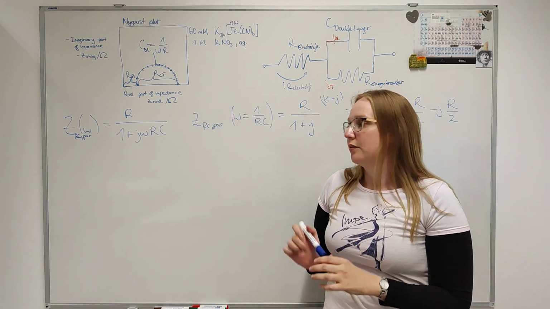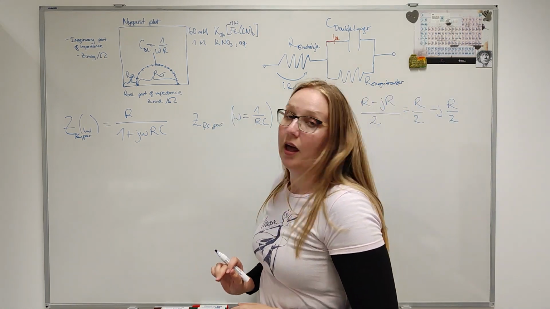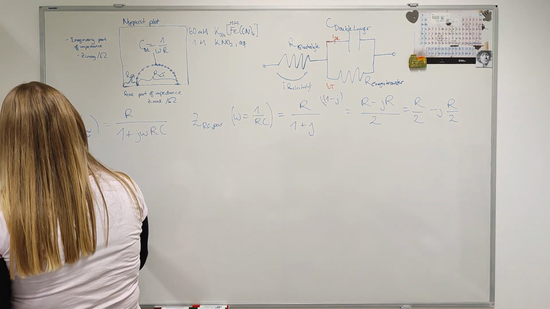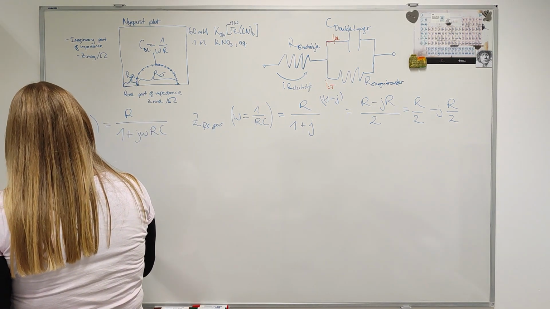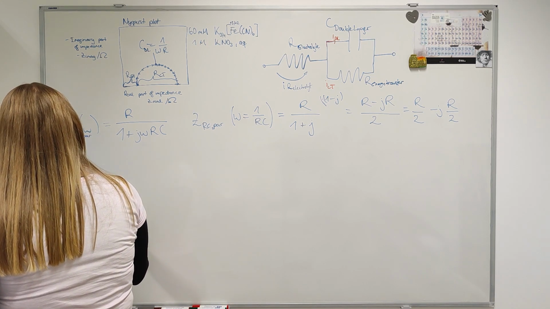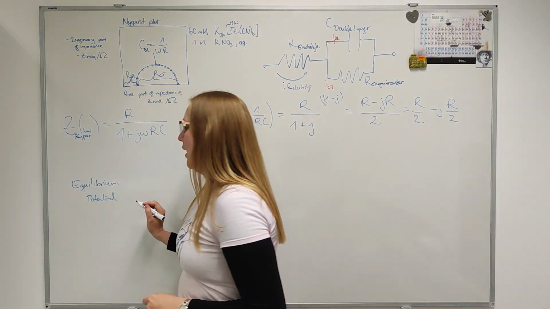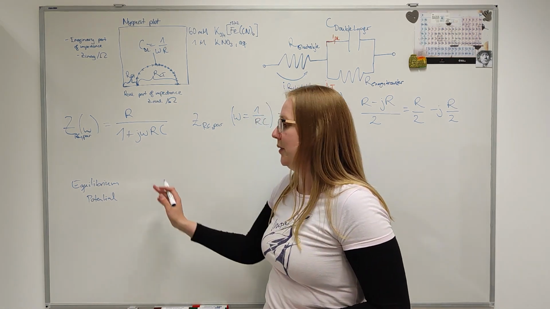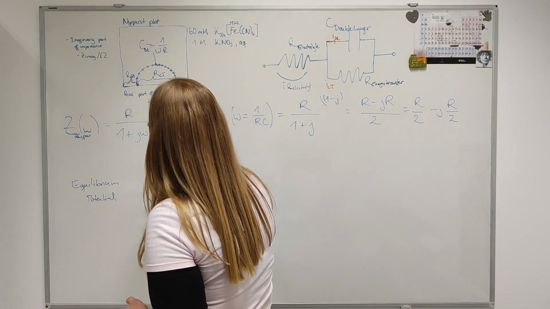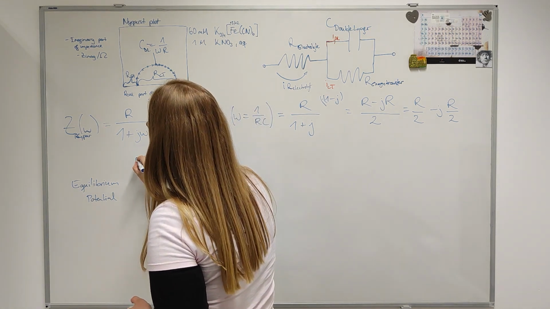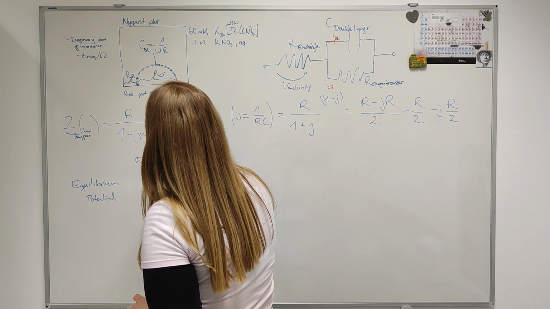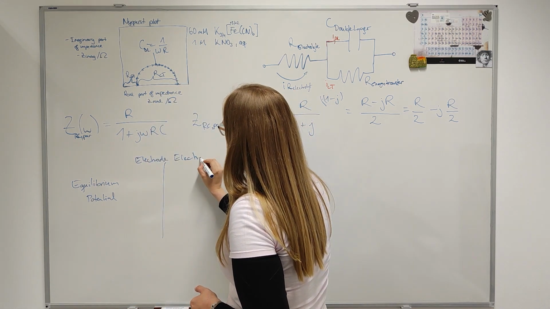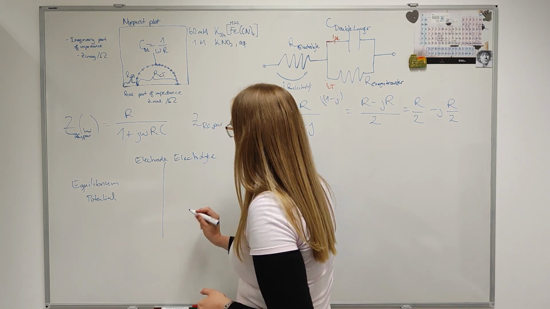So let's try to assign some extra chemical meaning to that. So in our case, we were at the equilibrium potential. And we will now ask ourselves, what are the electrochemical reactions we have under these conditions? So we have our interface with the electrode, I draw here on the left side, and the electrolyte containing the redox pair, I draw on the right side.